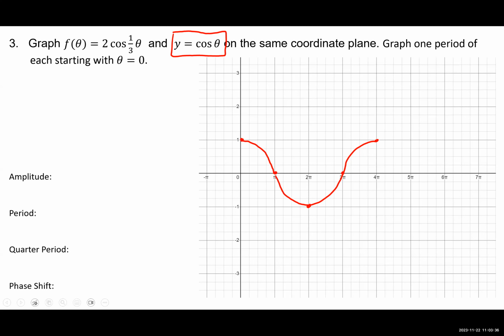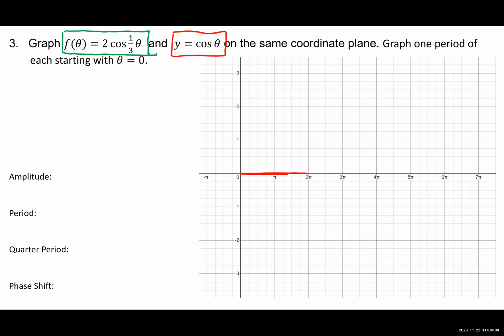So now let's look at the other guy. Two times the cosine of 1/3 of theta. Oh, let me go back. I wasn't paying attention to my x-axis. I was saying 2 pi, but I was drawing it out to 4 pi.